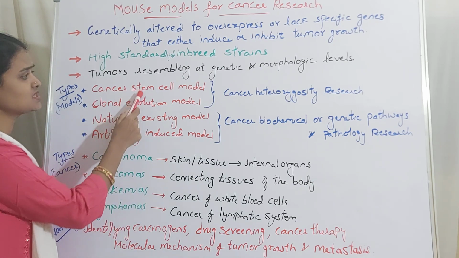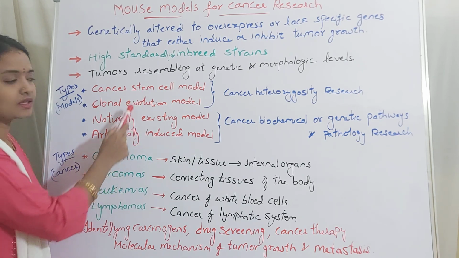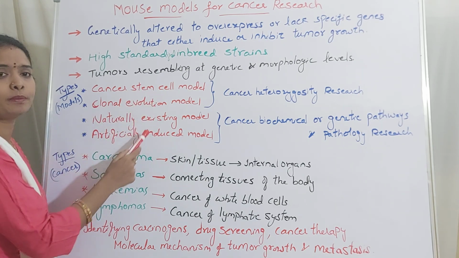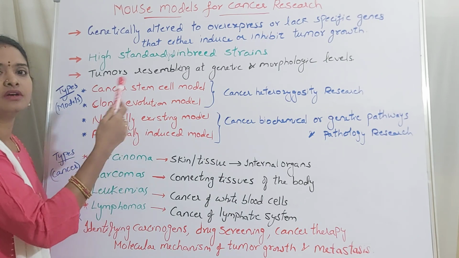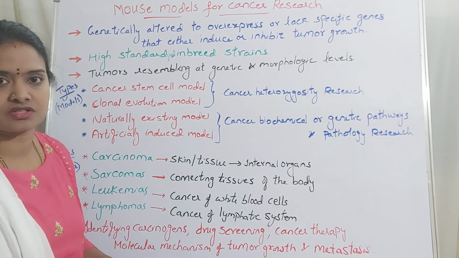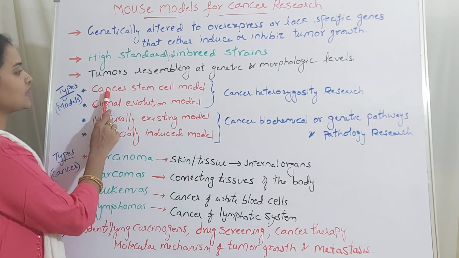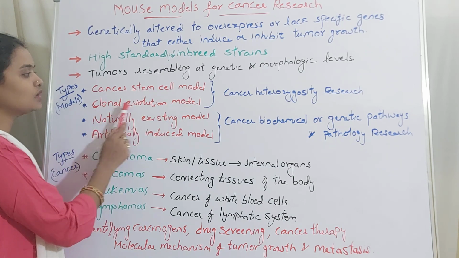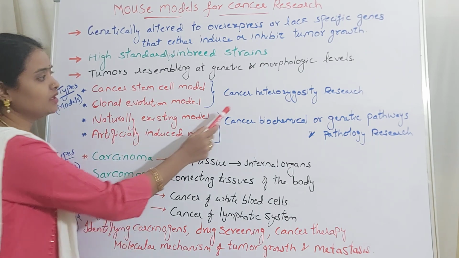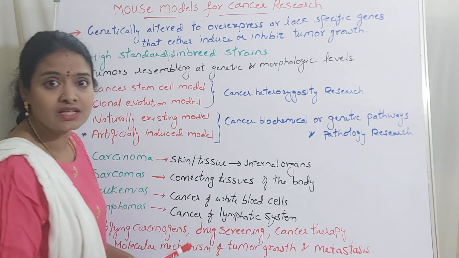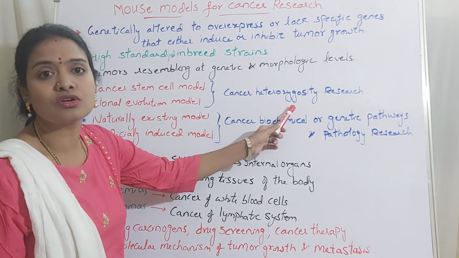Then once these cancer mouse models are obtained, they can be used for further studies in cancer research. You can see here that the cancer stem cell model and the clonal evolution model are highly used in studies of cancer heterogeneity.